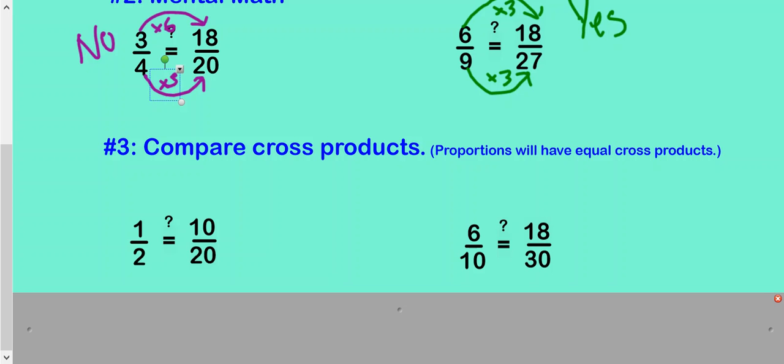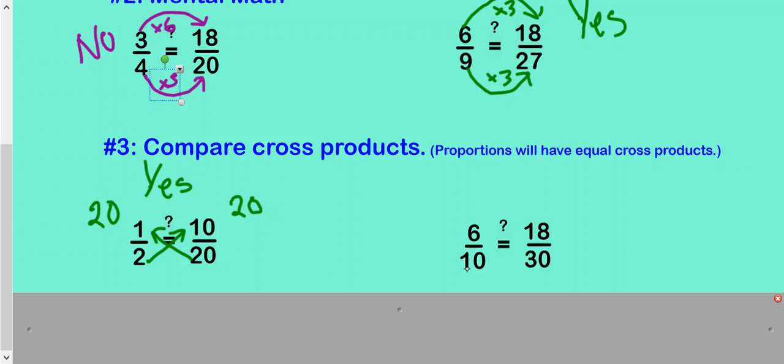So when we're finding cross products, we are just multiplying across. So we would multiply 2 times 10, and that would give us 20. And we would multiply 20 times 1, and that will give us 20. So here we do have a proportion because our cross products are equal.